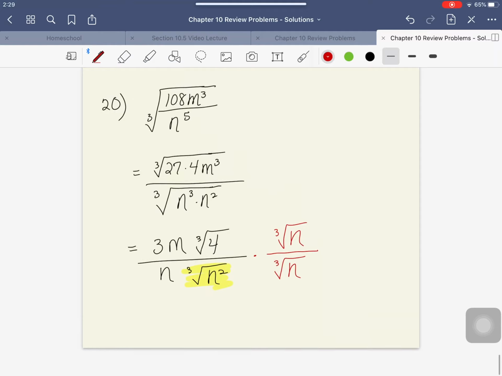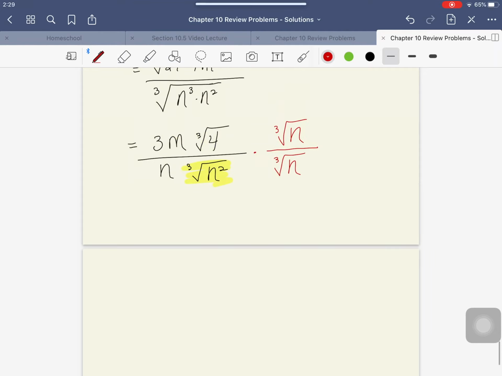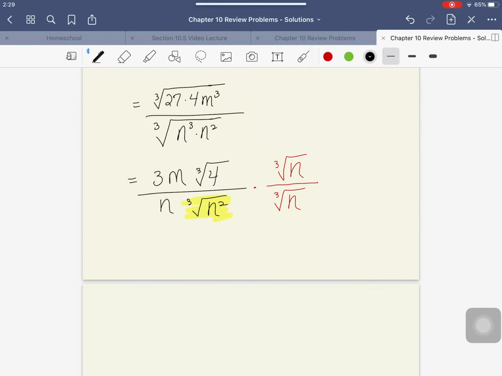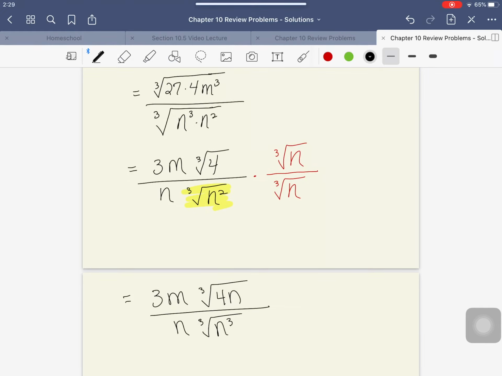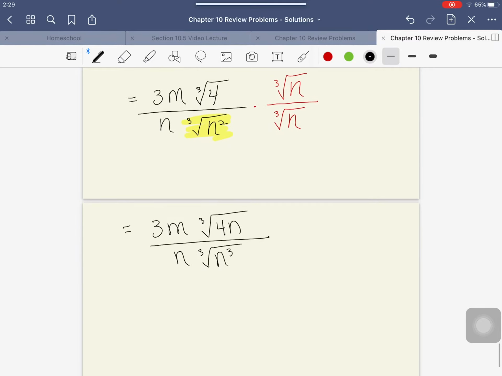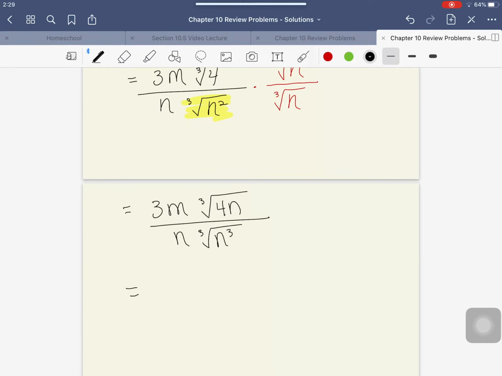All right, so now that will equal 3m cube root of 4n over n times the cube root of n cubed, and the cube root of n cubed is n times n is n squared. So the final answer is 3m cube root of 4n over n squared.